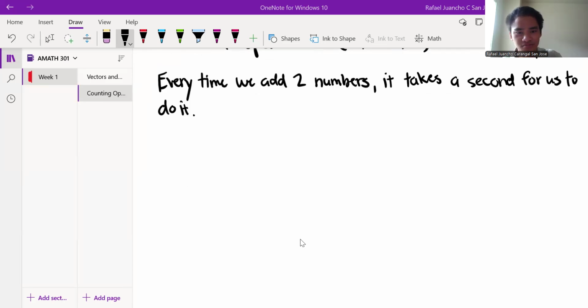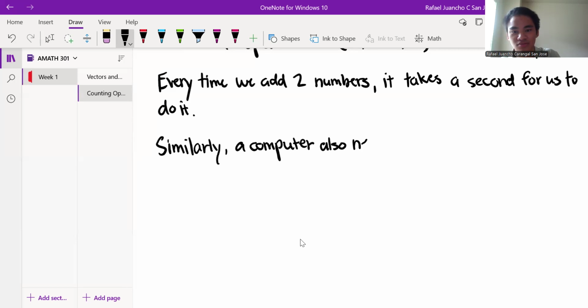And similarly, when a computer does this, a computer also needs time to think, in a human sense. But underneath, it's actually processing the values and computing it, because it's a computer, so it computes.